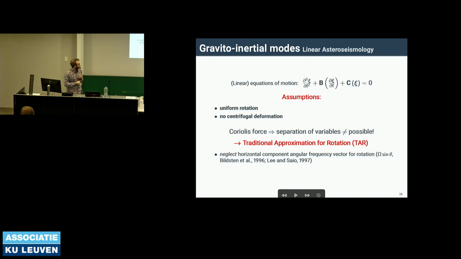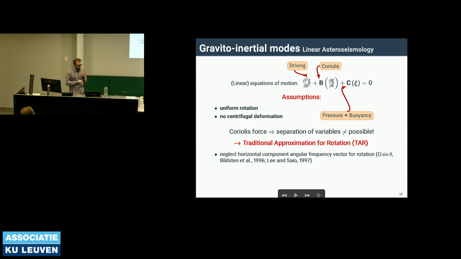And before I delve into the nonlinear asteroseismic theory, I first want to explain how we model gravito-inertial modes in linear asteroseismology, and more specifically look at their equations of motion, which look like this, where you have your driving term. This is where your kappa mechanism drives your mode. Then you have your Coriolis force term and your pressure and buoyancy term.